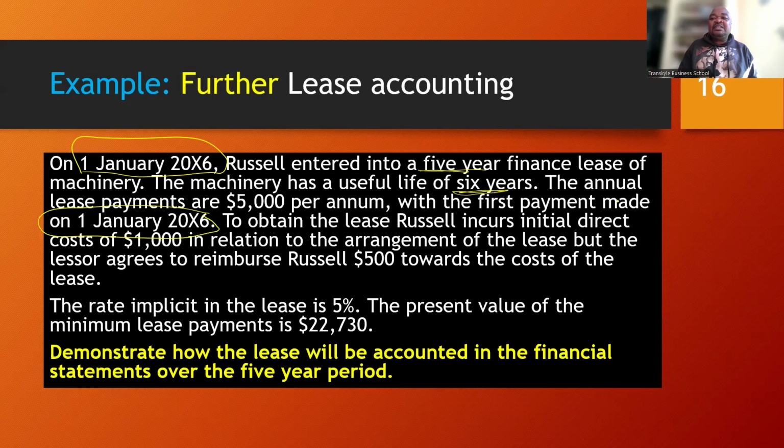We have established that this is a 5-year lease, with payments starting at year 0. So the rentals are being paid in advance, not in arrears. This is in advance.